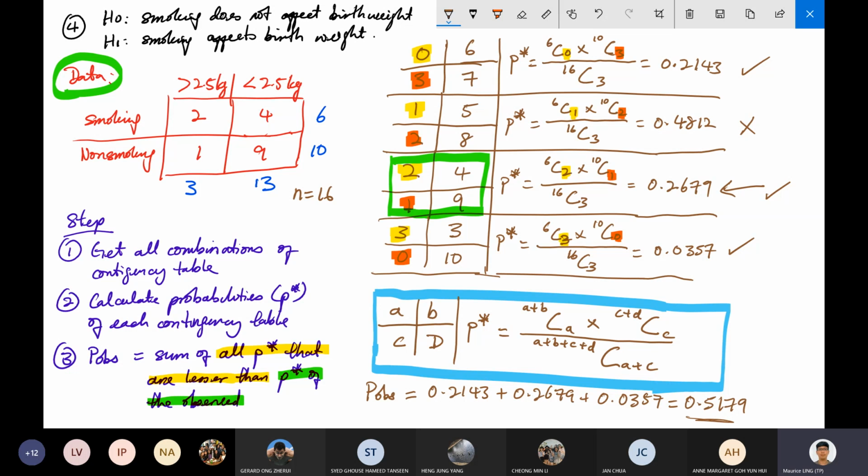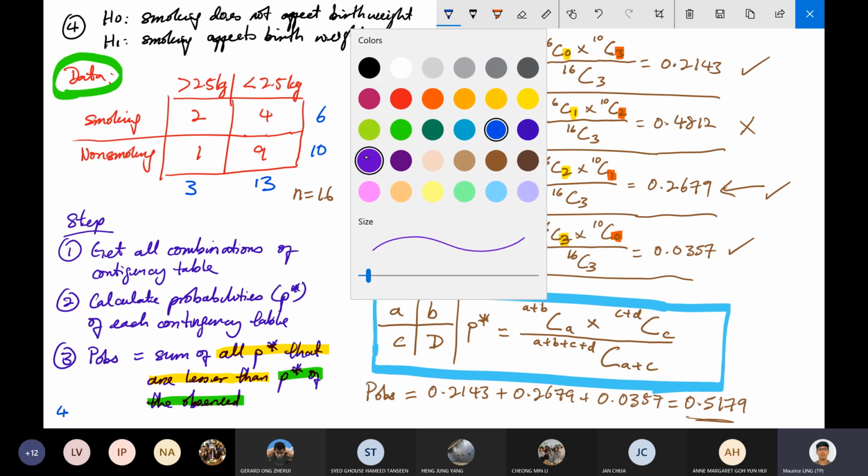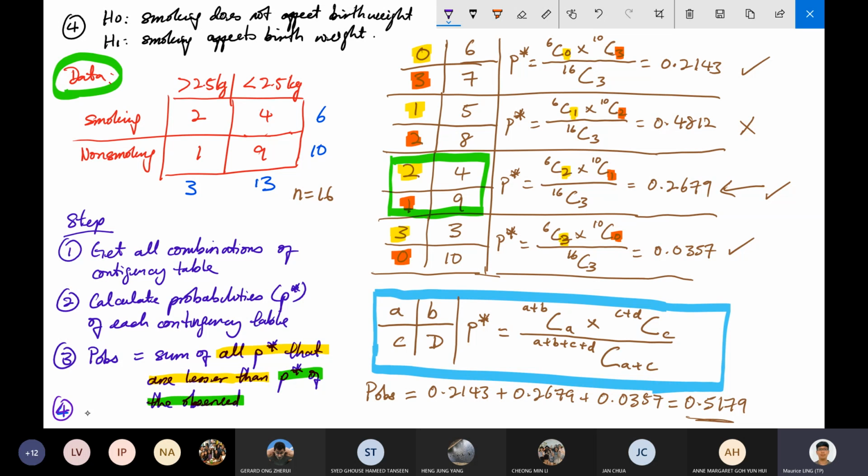Okay. Therefore, in this case, can you accept or reject null hypothesis? Let me do the step 4 for this. Step 4 is reject null hypothesis when P observed is less than alpha.